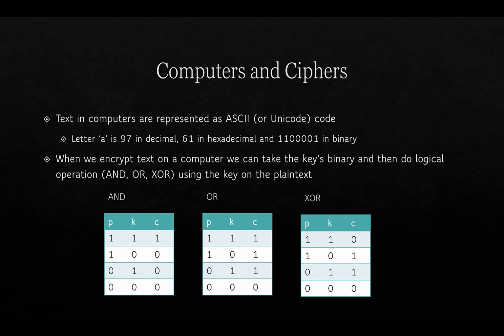And finally, in the XOR case, you have to have only one of the inputs being true, or 1, for the output to be 1. So we can see here that if both inputs are 1, the result will be 0. If the plain text is 1 and the key is 0, it'll be 1. Plain text 0, key is 1, it'll be 1, etc.